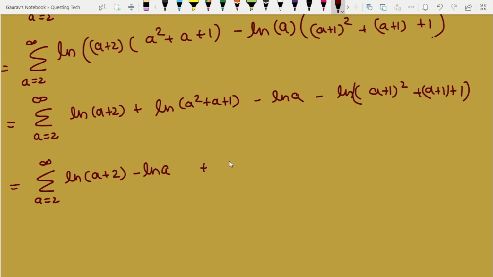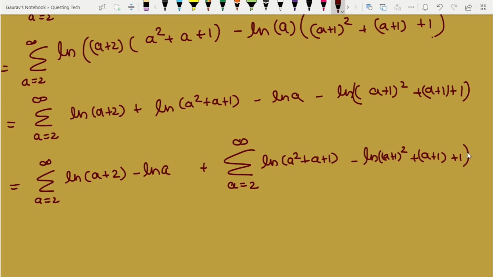Then after that we have the sum from a equals 2 to infinity of ln (a square plus a plus 1) minus ln ((a plus 1) square plus (a plus 1) plus 1).